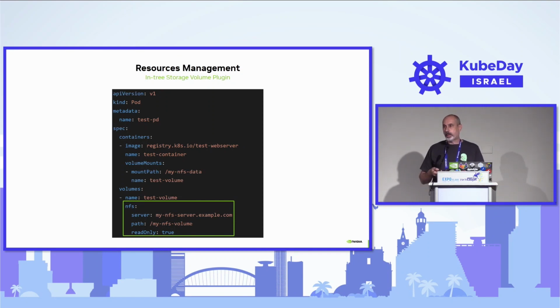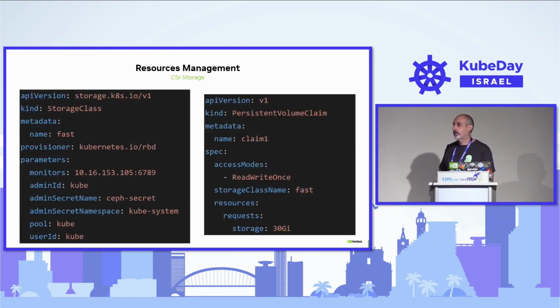And it was actually not very convenient for a storage vendor to have this code inside the Kubernetes base code because they were tightly coupled with the cadence of releasing Kubernetes. So if you have a bug or want to release a new feature, you need to wait for the next release. So as an evolution from the in-tree volume plugins, we got the CSI.